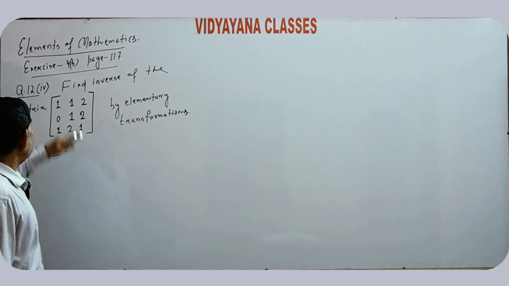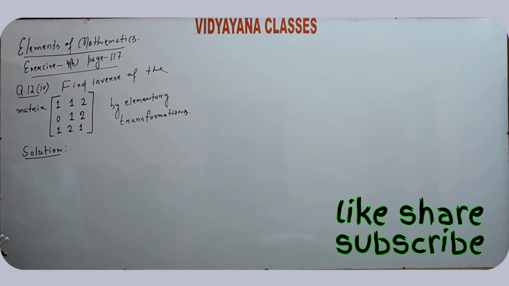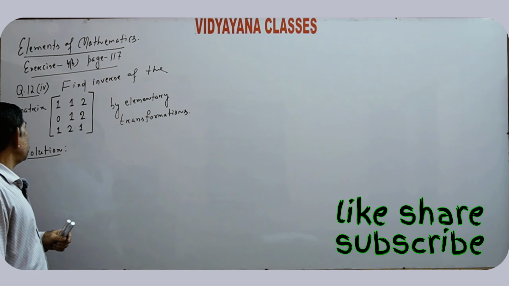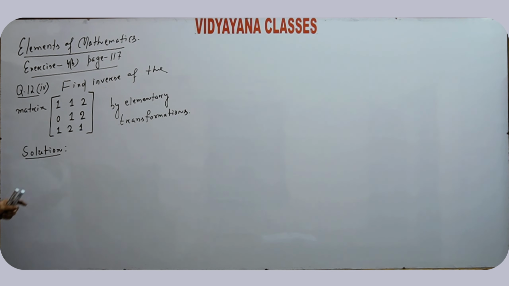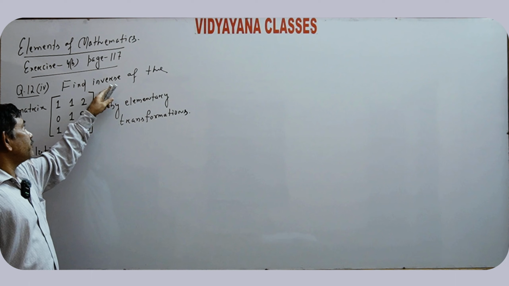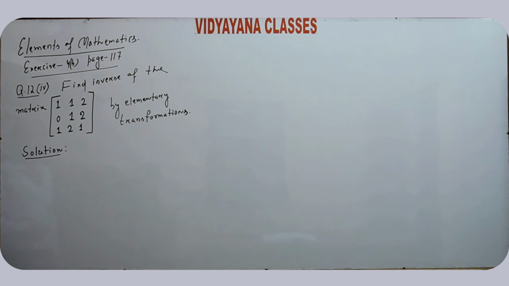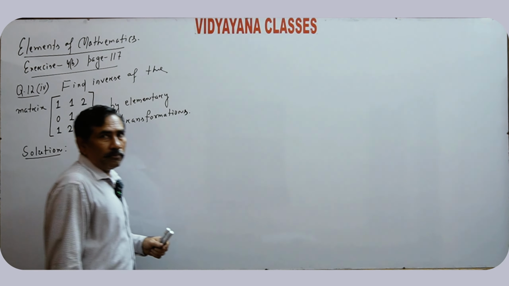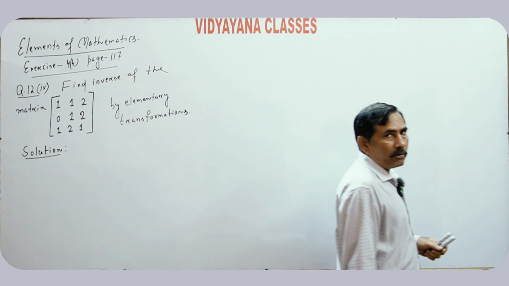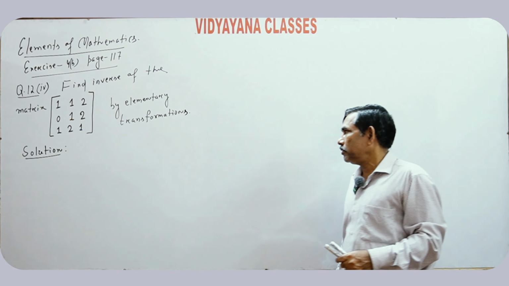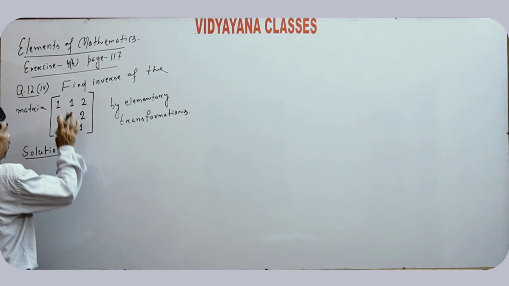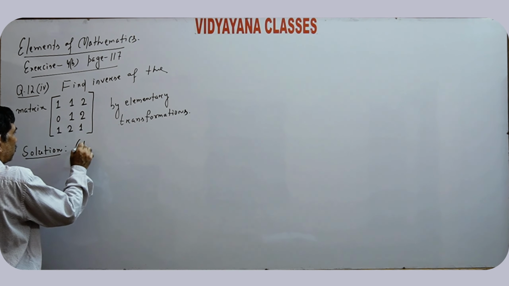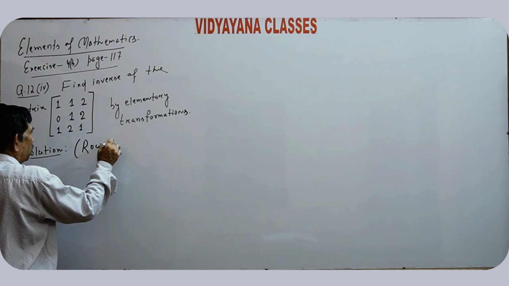Elements of mathematics, exercise 4b, page number 117, question number 12, fourth bit. Find the inverse of the matrix by elementary transformations. To find the inverse of the matrix, we can find out the inverse of the matrix using row operations or column operations. Suppose we apply the row operation to find the inverse.